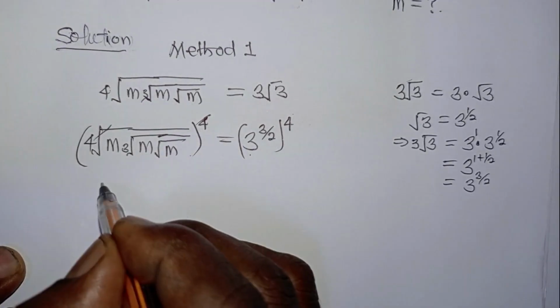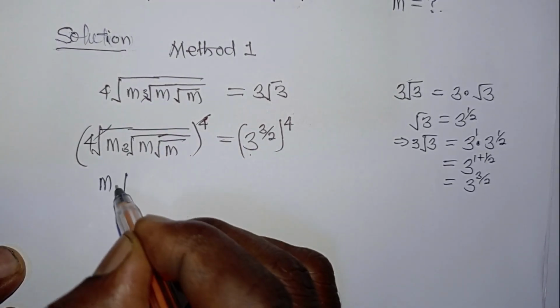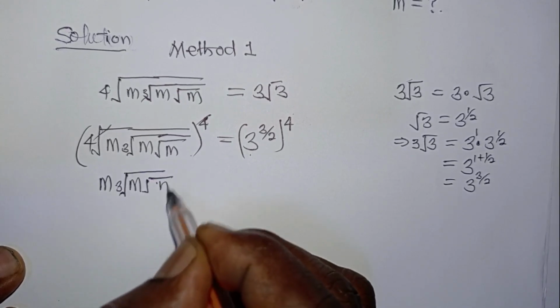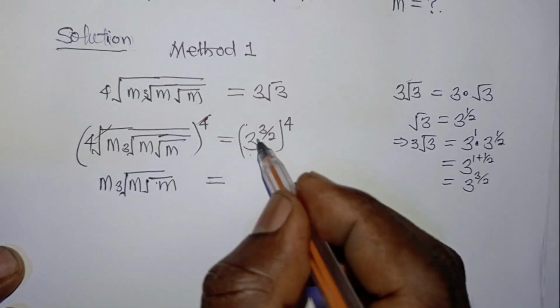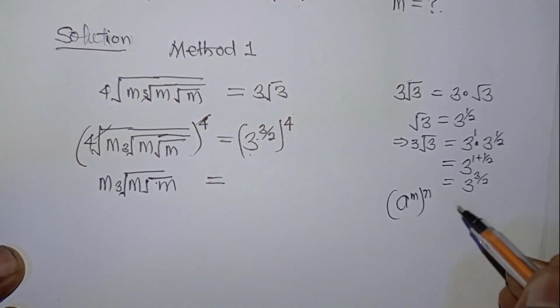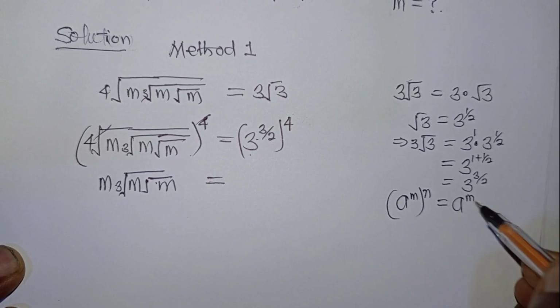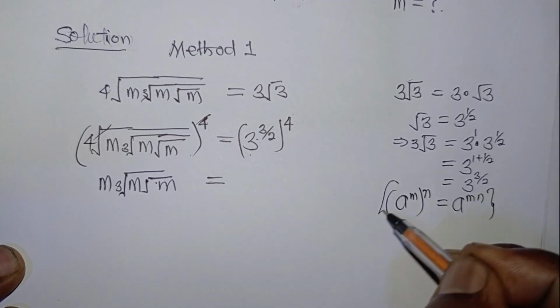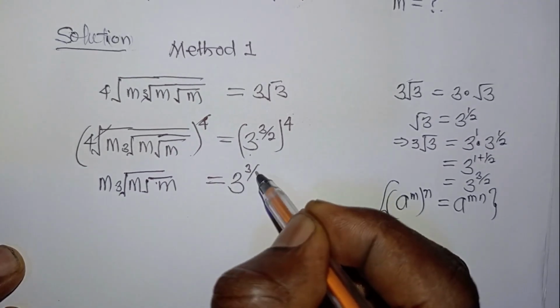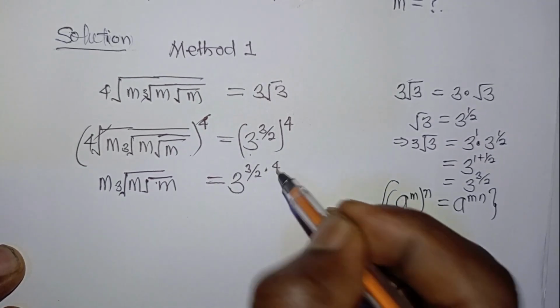This will cancel the fourth root, and we're left with m, cube root of m, square root of m equals, so apply this rule: if you have a to the power m, what is the power n? It's equal to a to the power mn. So apply that. So here we have 3 to the power 3 over 2 times 4.